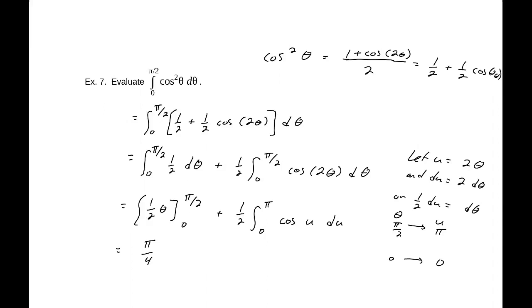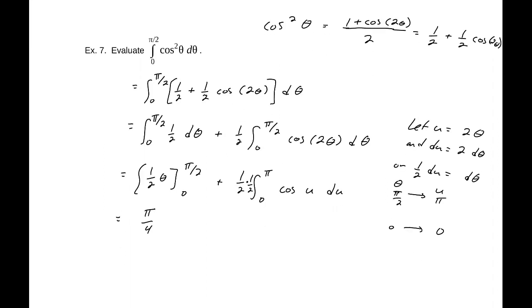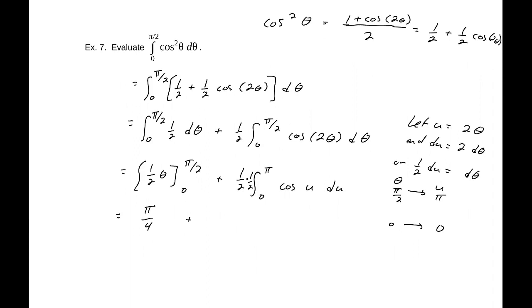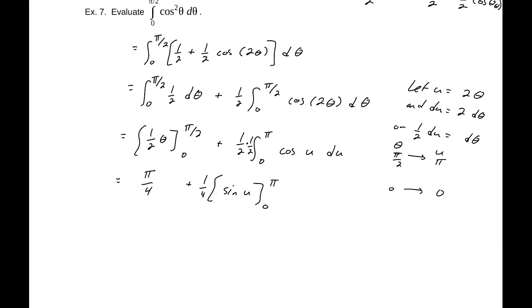And notice we had to put in a 1/2, so actually there should be another 1/2 coefficient there. So this is 1/4, and this is sine u evaluated 0 to pi. Well, at 0 and pi, sine is 0. So this is pi over 4 plus 0, which is just pi over 4.